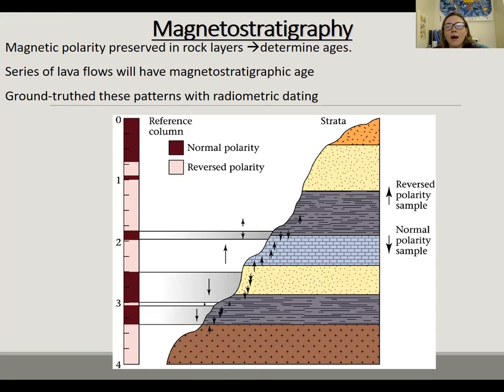So anyway, we'll talk more about that later, but all this is to say we can look at these different patterns of magnetic polarity within rocks to help us understand the time and what was going on when they formed. So that's an additional technique that's used by geologists.